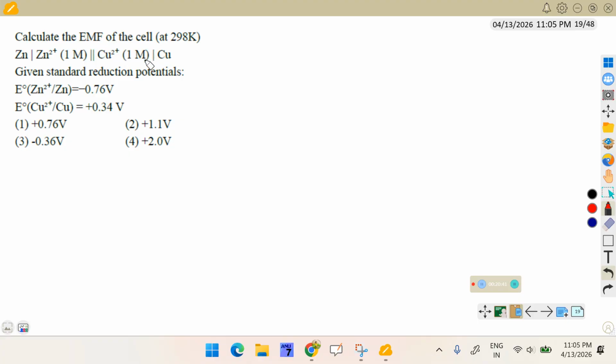Calculate the EMF of the cell. Given SRP, standard reduction potentials, minus 0.76 and plus 0.34. We know that E naught cell is equal to E cathode minus E anode. High SRP electrode is considered as cathode.